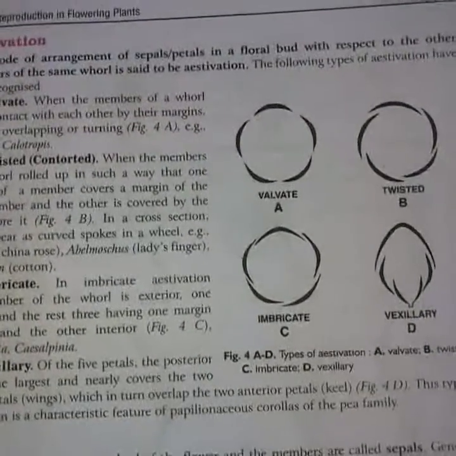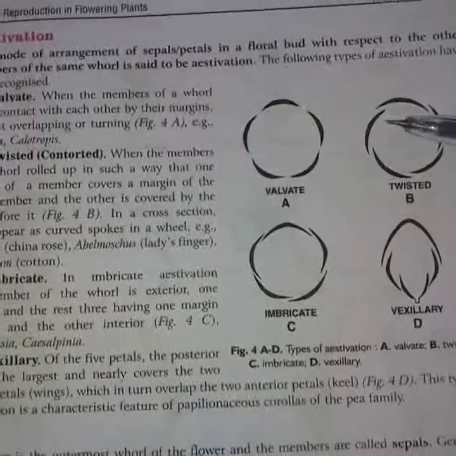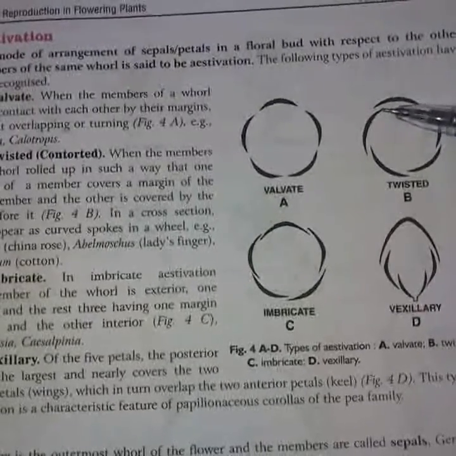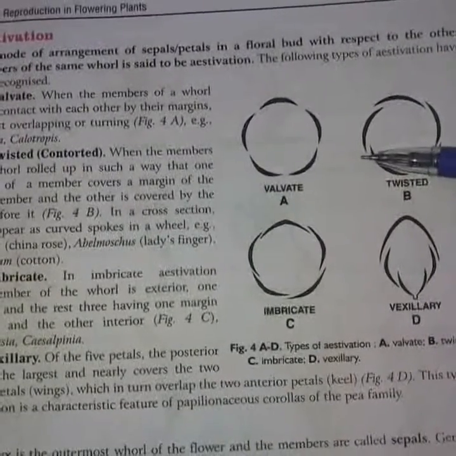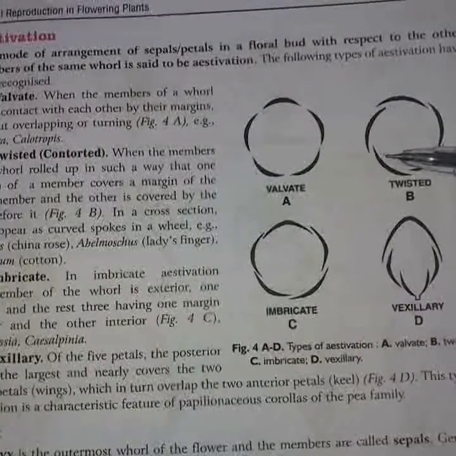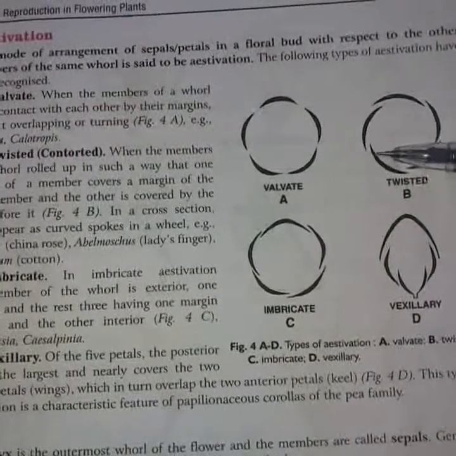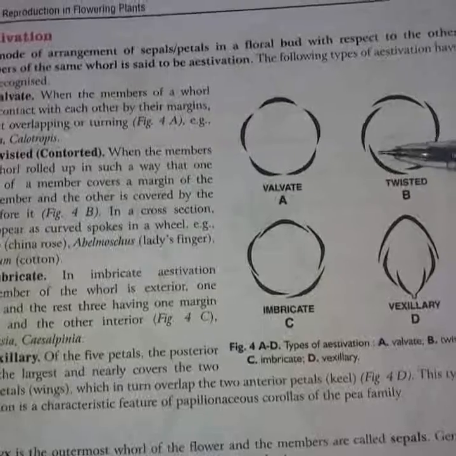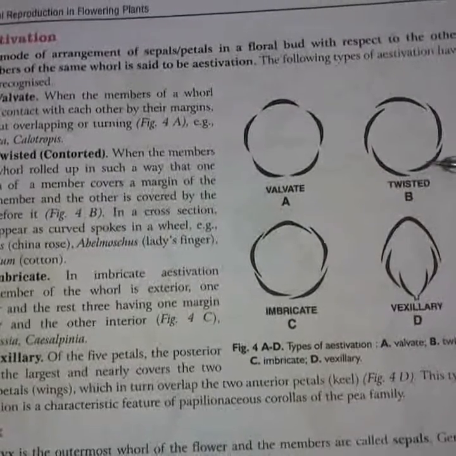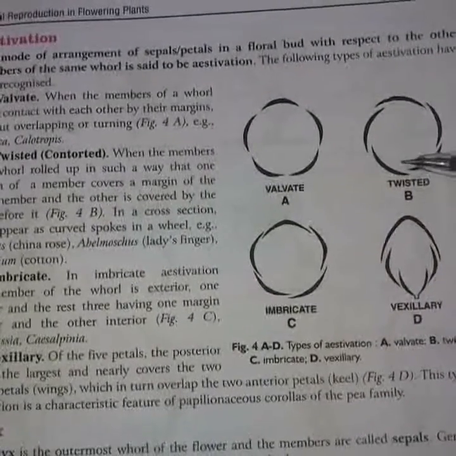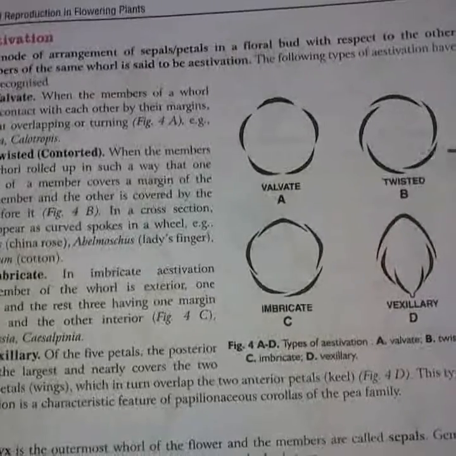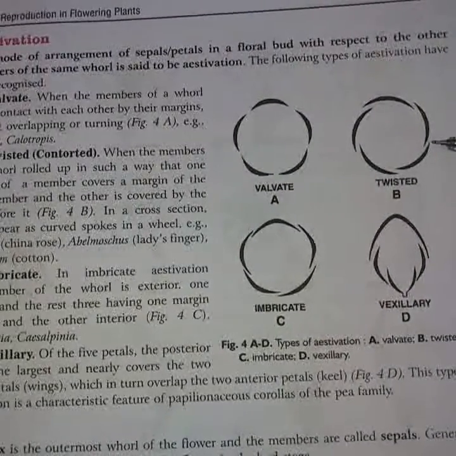So in this structure, one margin is inner and the other margin overlaps with it. Next, one margin is inner and the other overlaps with the other.